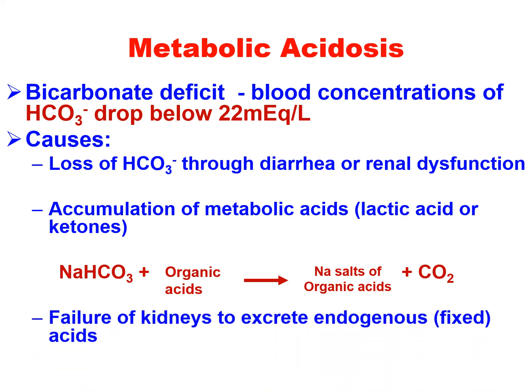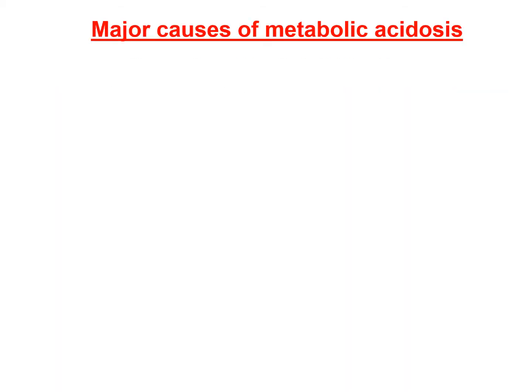Failure of the kidneys to excrete endogenous fixed acids is also one of the reasons for metabolic acidosis. We already know that acid-base disturbances are secondary to some other pre-existing clinical condition.